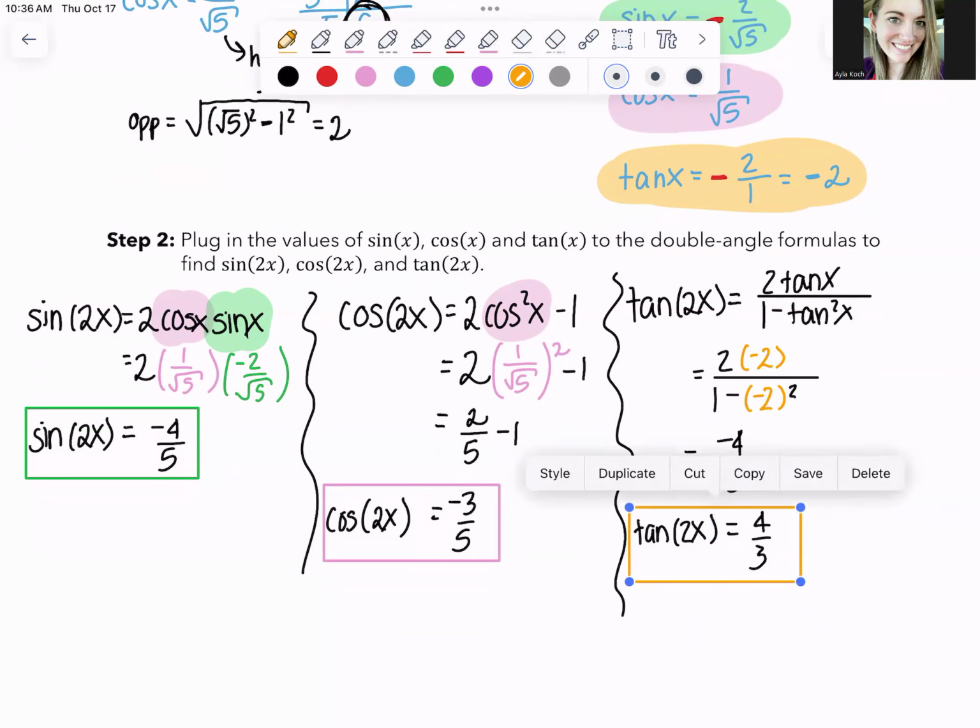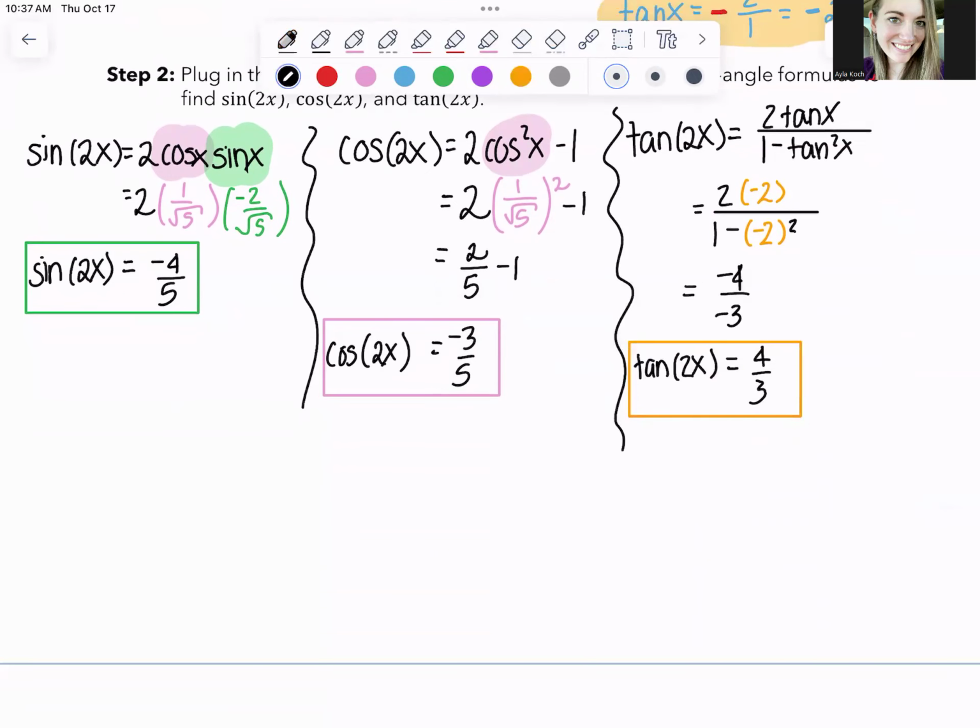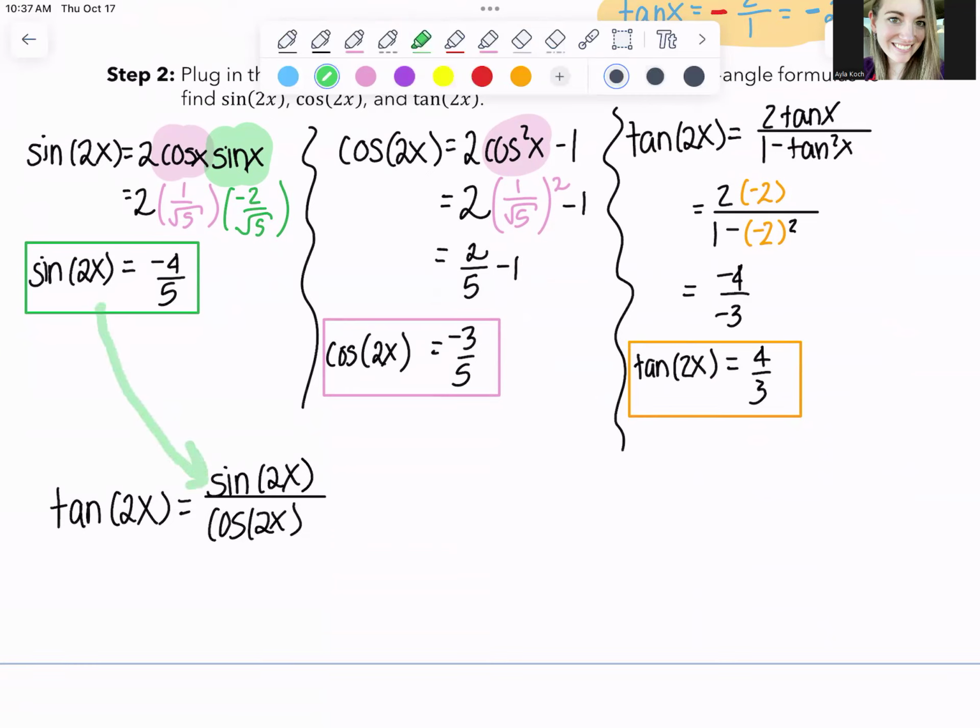Now, just to prove to you that this would have turned out the same way, tangent of 2x is the same thing as sine of 2x divided by cosine of 2x, where sine is this guy right here, cosine of 2x is that guy right there.